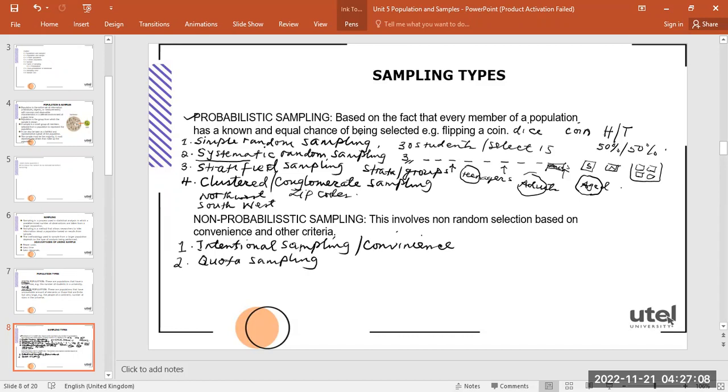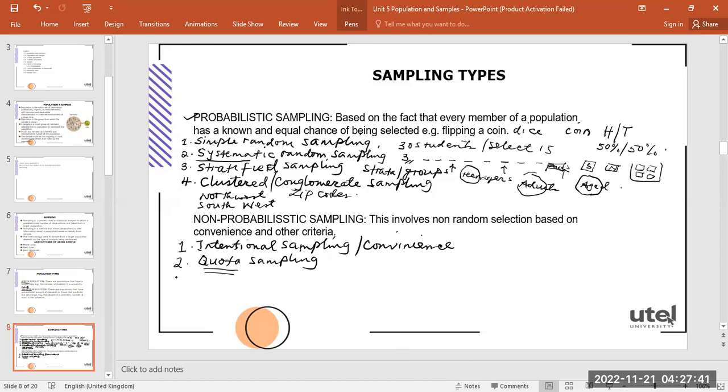In the case of quota sampling, as the name implies, you simply divide the population into various groups, and then you allocate each of these groups a certain quota. Maybe you say group A will give us 20%, group B 20%, and up to group 5, 20%, to form a total of 100.